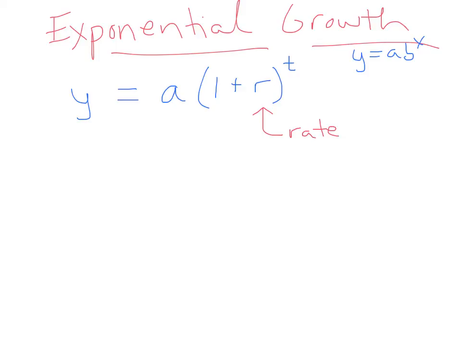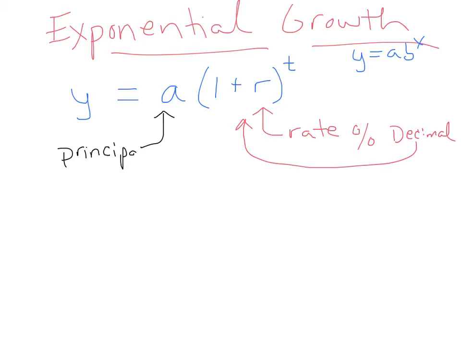Say you have a mutual fund that on average grows about 7% a year. You'd put that number, that percent, in there as a decimal. Be sure to change it to a decimal before you start interacting with this number in there. And this number here is the principal amount, or the initial amount, whatever you want that to be.